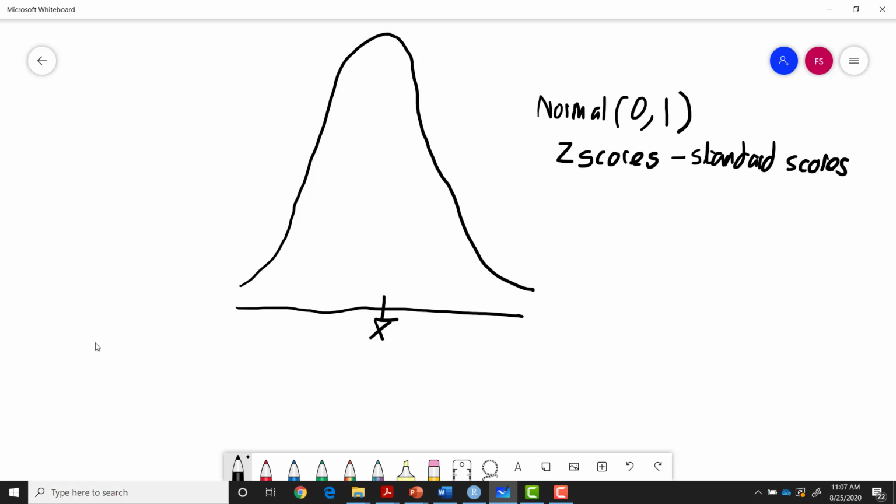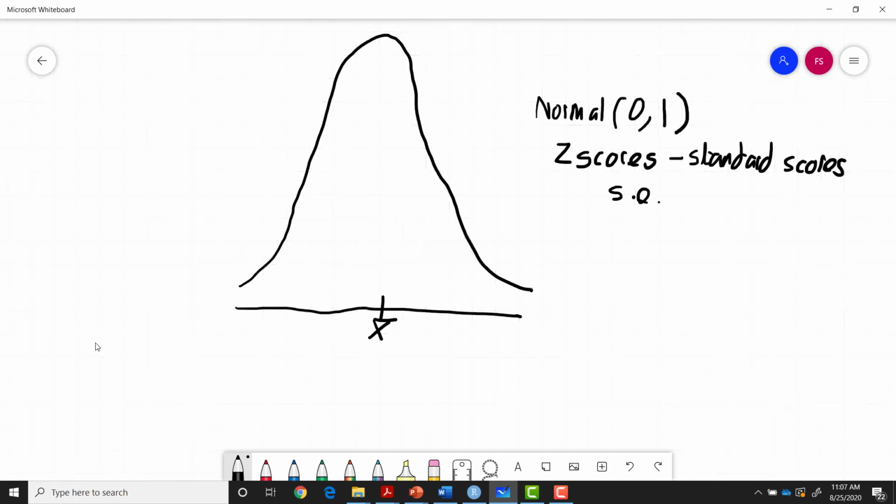But, in fact, our standard error is sigma over root n. So we need to multiply our z-score by the standard error. Now imagine that we have a 100% (1 minus alpha) confidence interval.